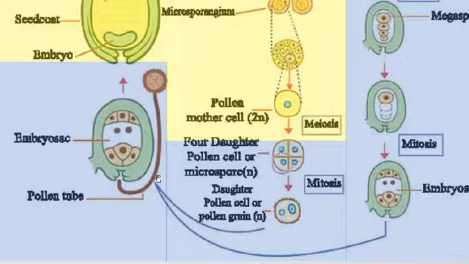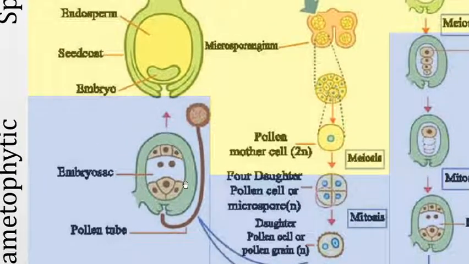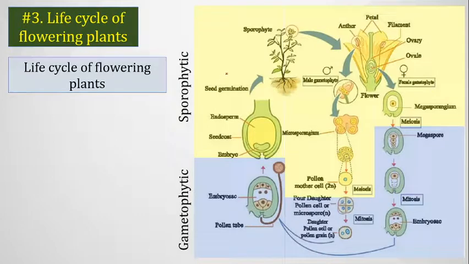the gametophytic stage. This gametophytic stage ends and the sporophytic stage begins when these two opposite gametes fuse together to produce an embryo. So that's how a plant produces seed and enters into a sporophytic state, then produces gametes and enters into the gametophytic state.